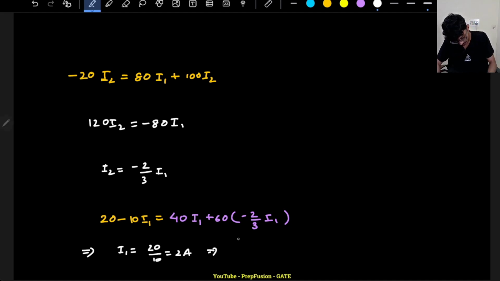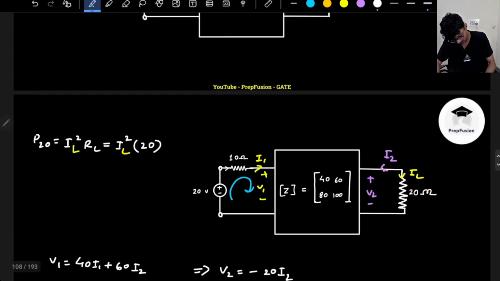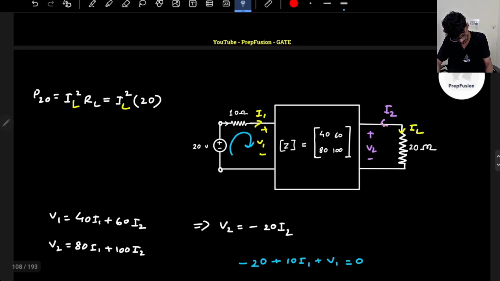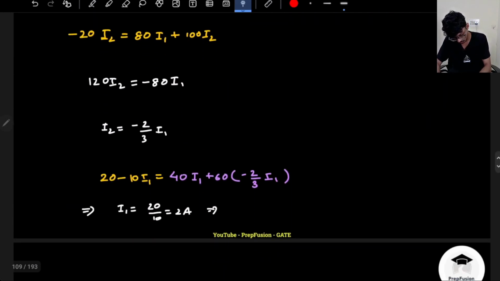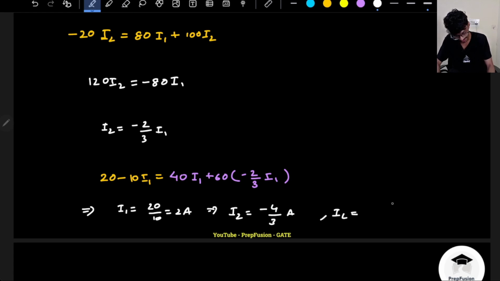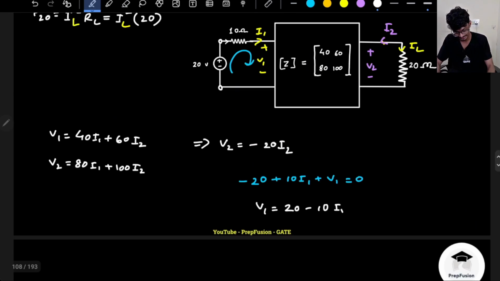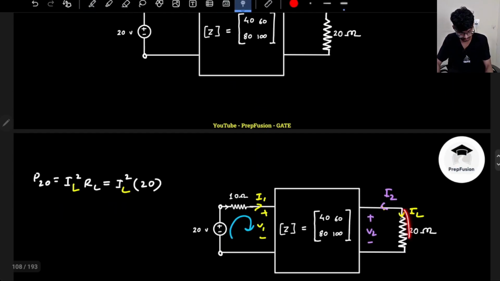What is I2? Because ultimately I have to write the power, and power is in terms of IL, and that is the negative of I2. So I2 is minus 4 by 3 amperes, and your IL will be the negative of I2 because IL is in this direction and I2 is in this direction.